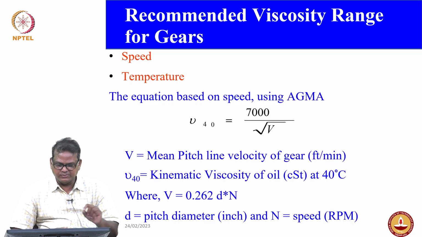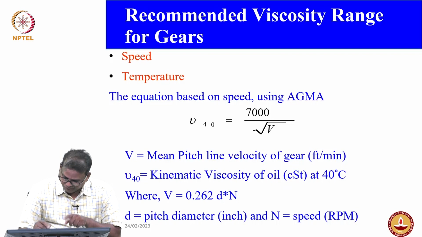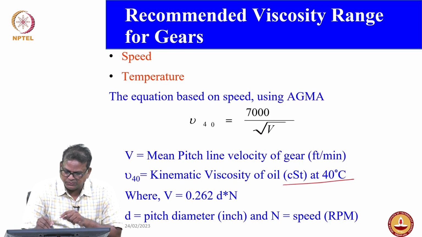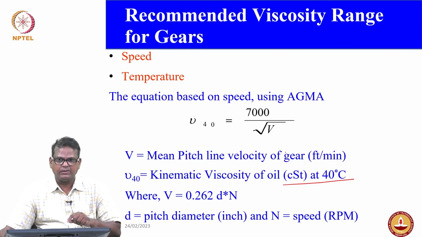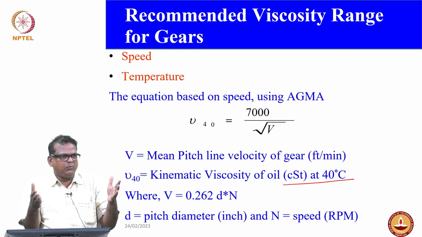Here eta 40 is the kinematic viscosity of oil in centistokes at 40 degrees Celsius, equal to 7000 divided by the square root of V. V is the mean pitch line velocity. Remember, you have so many gears. How will you find out?